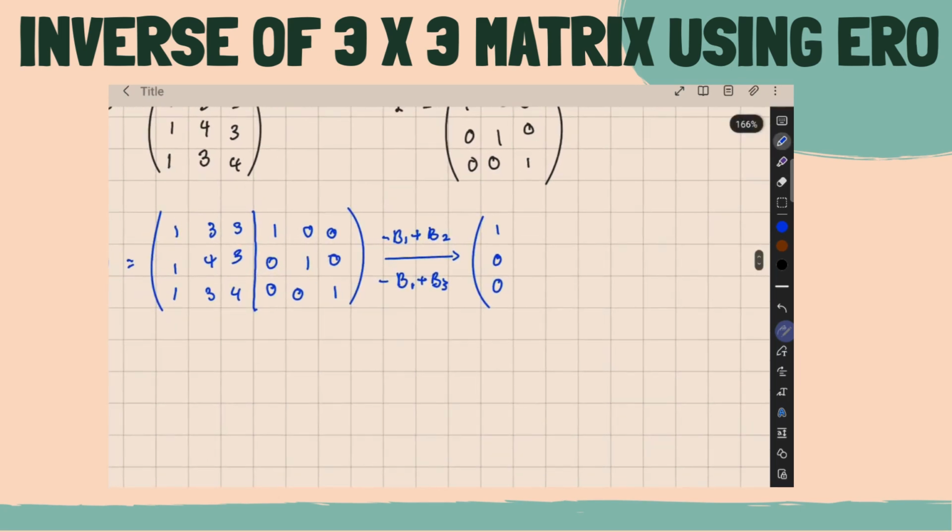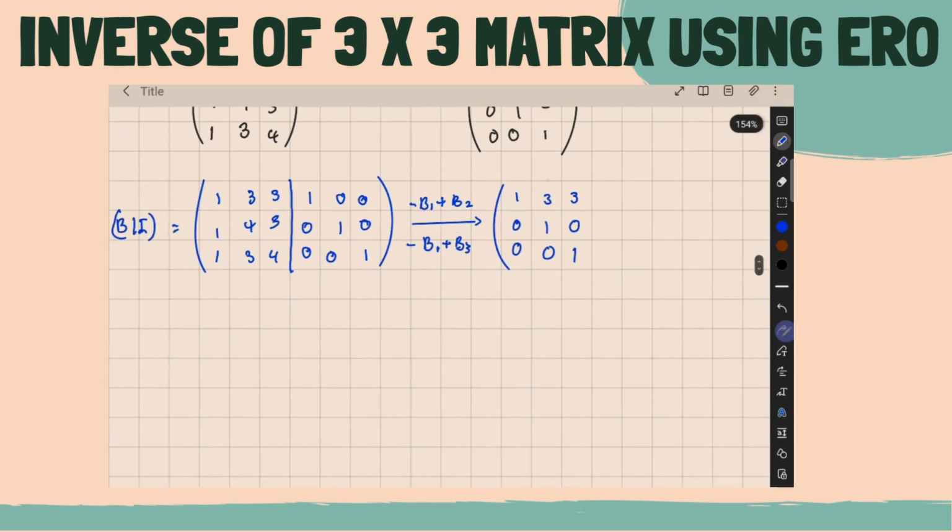Then for the second column, the first row will remain the same. The only changes are in the second row and the third row, 1, 3 and 3. Then negative 3 plus 4 will get 1. Negative 3 plus 3 will get 0. Negative 3 plus 3 will get 0. And negative 3 plus 4 will get 1.